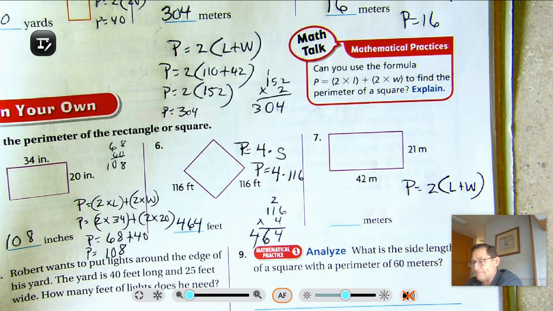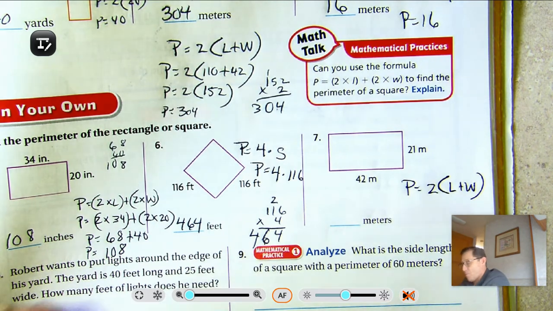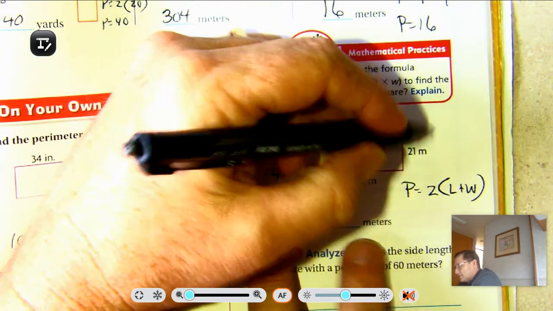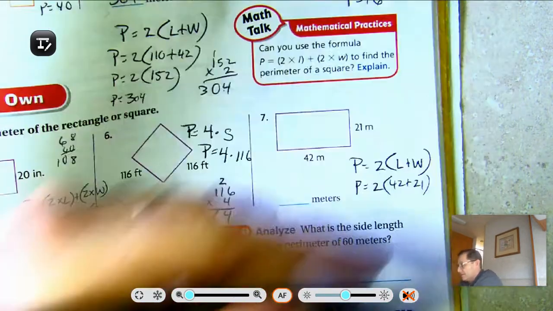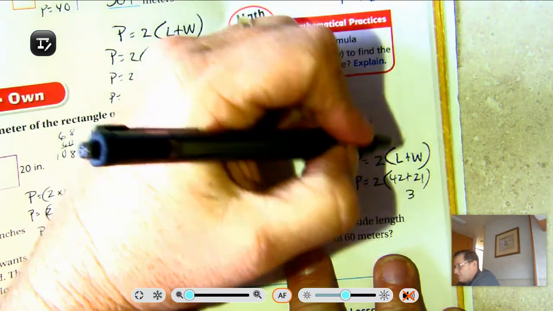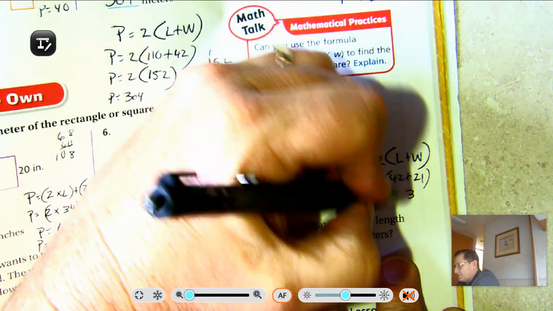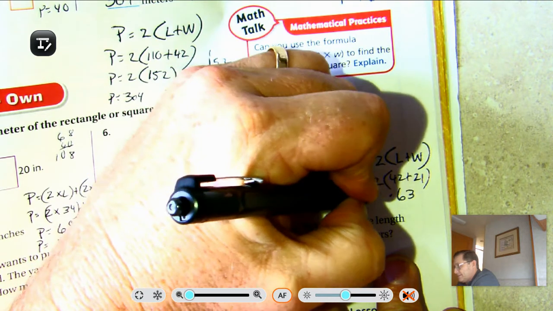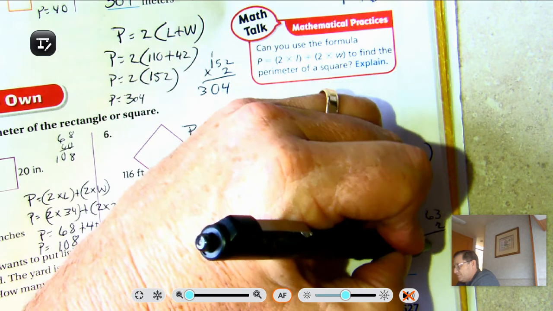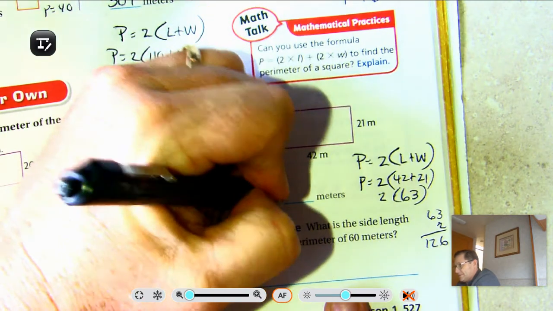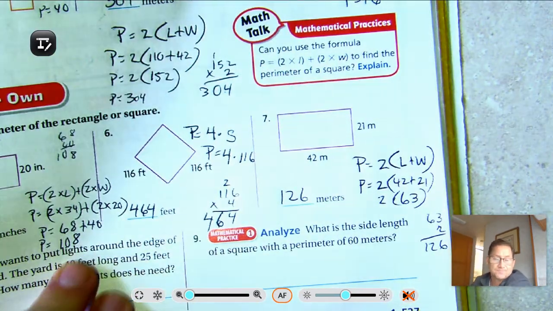Okay. So 42 plus 21. So we get 2 plus 1 is 3 ones. 4 tens plus 2 tens is 6 tens. 63 times 2 is 126 meters.